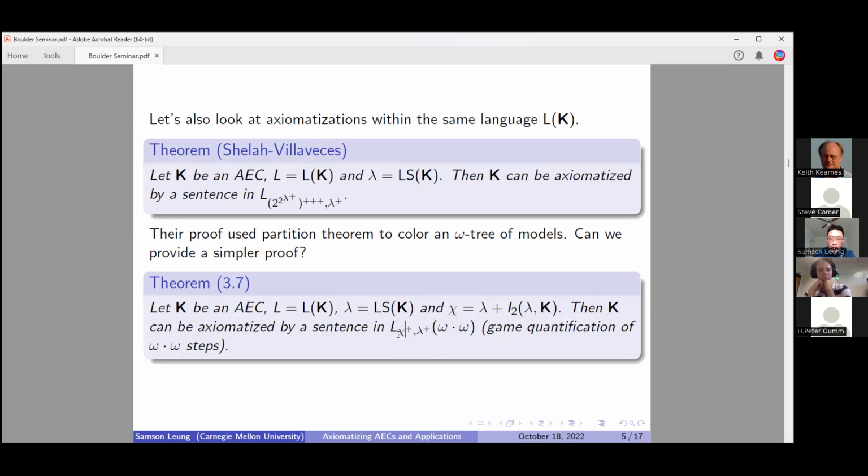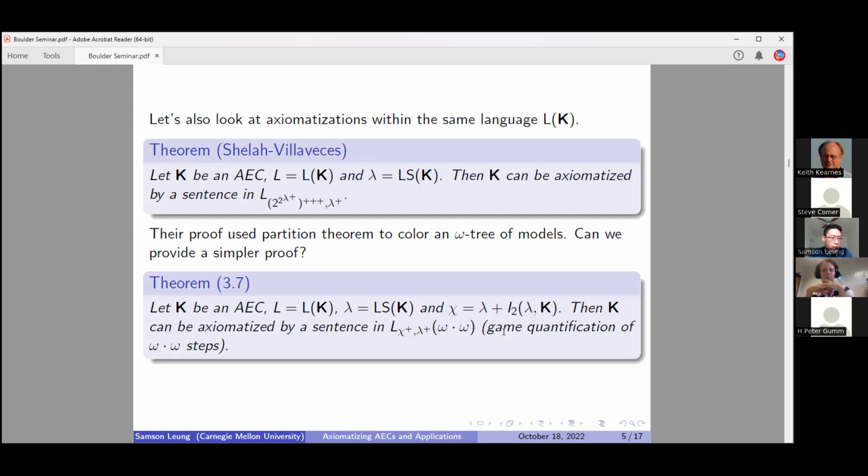So my complexity in terms of conjunctions is lower than Shelah and Villaveces's version. But the unfortunate thing is that I need to change the logic a little bit. I need to allow game quantification with omega times omega many steps.